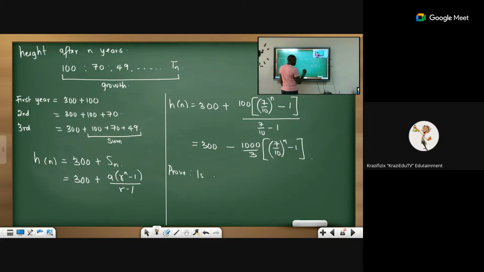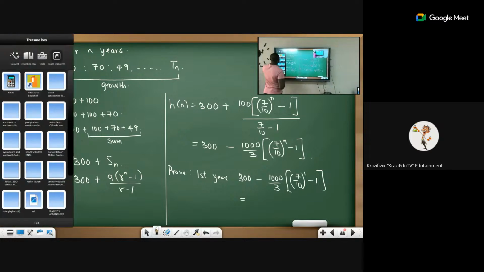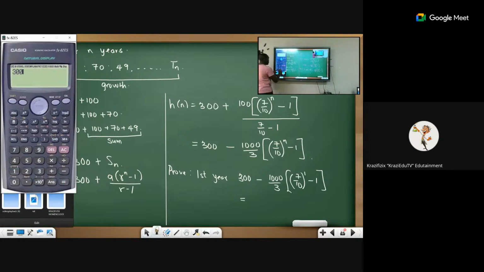First year, we're saying 300. Let's see if we're correct. Minus 1,000 over 3, 7 over 10 to the power of 1, because it's the first year, right? Let's get a calculator, because I'd love us to see whether we're correct or wrong.